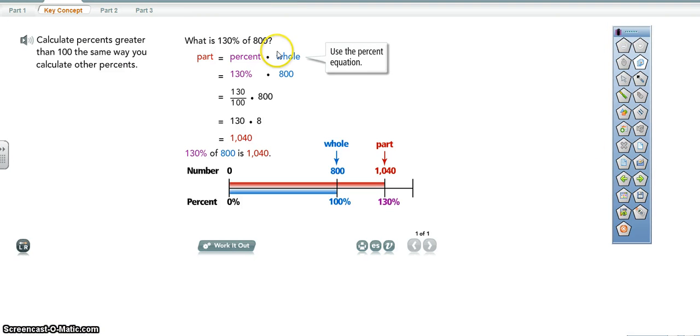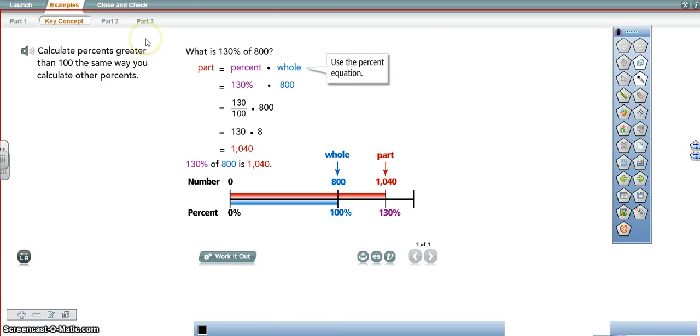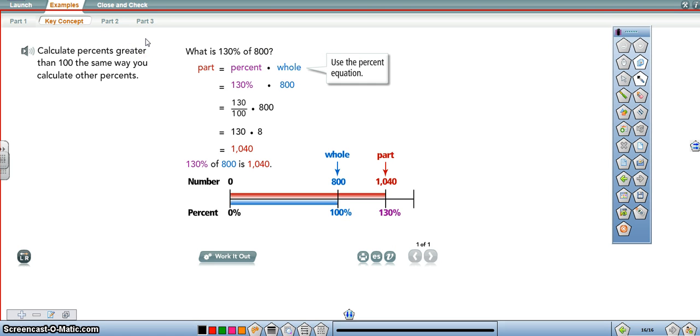This question says, what is 130% of 800? 130% is our percent. What is? We don't know the part. Is would indicate the part, but we don't know it. Of 800. Of is by the number 800, so 800 must be our whole.